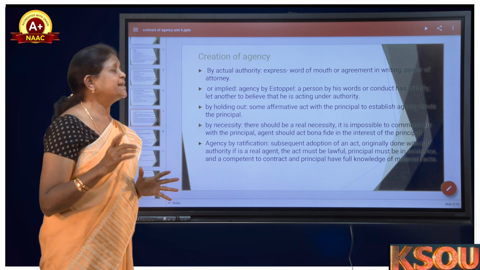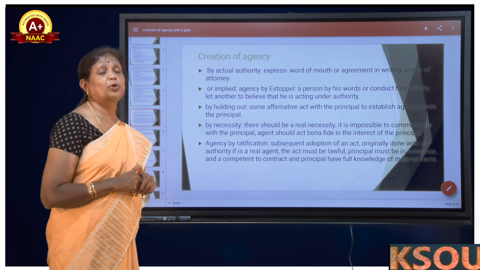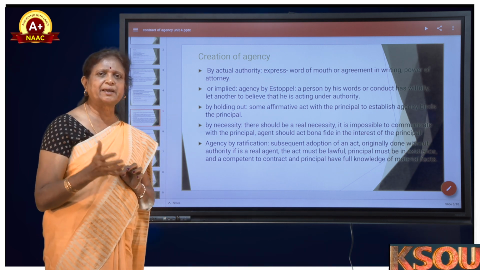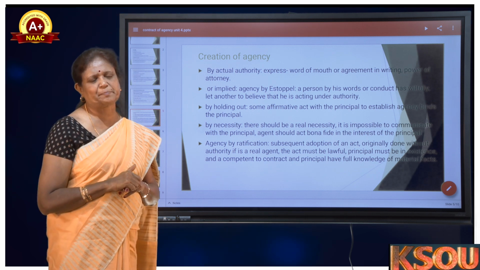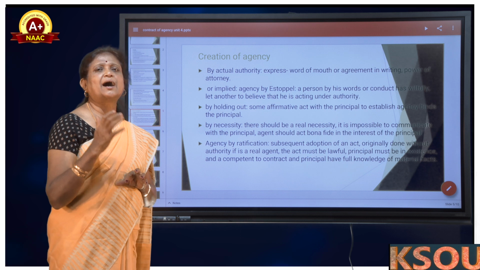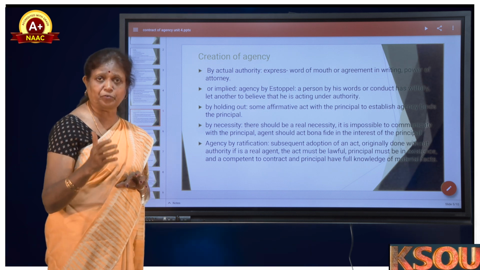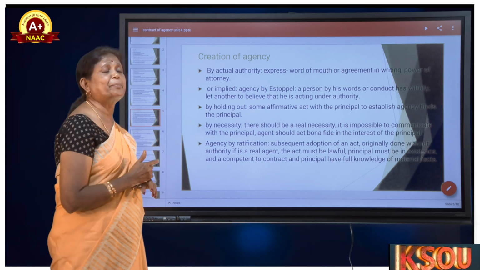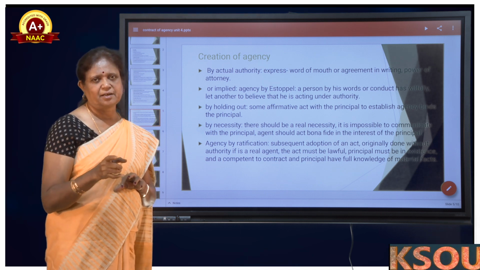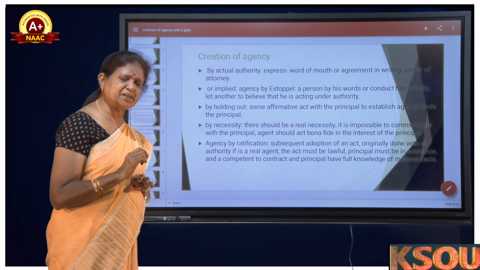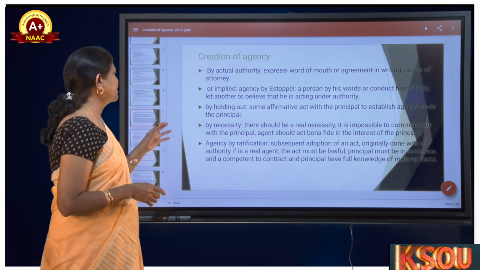Actually he is not. In such cases, that is called the rule of estoppel. So if a third party believed that he might be an agent of the principal and acted on that basis in good faith, in such cases the principal cannot deny that he is not an agent. So whatever act is done by the agent binds the principal.